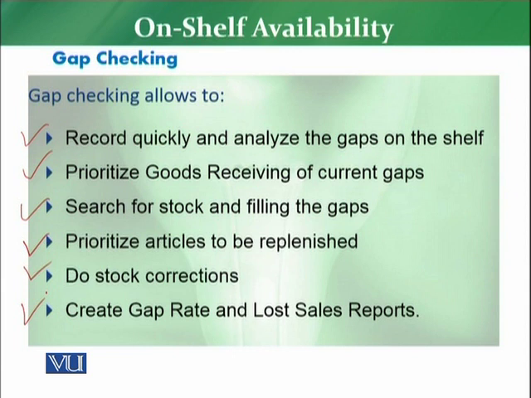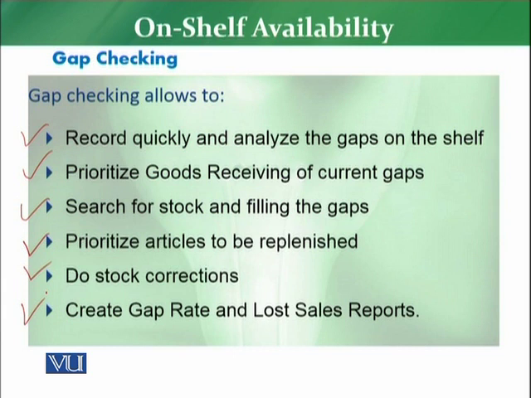So the next thing is about creating gap rate and lost sale reports. In most cases, it has been observed that, of course, the store target is to reduce the gap. The more the stock availability is, ultimately it will bring more sales for the business. So if there is a gap, it will result in lost sales. So stores have to make 2 reports: how much was lost due to these gap products.